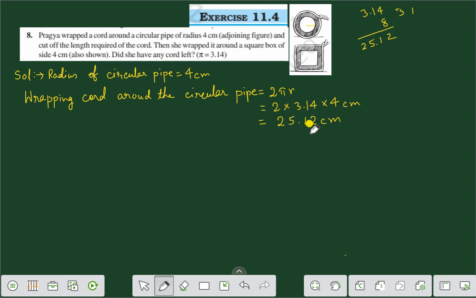Now we'll find the perimeter of the cord around the square box, right?